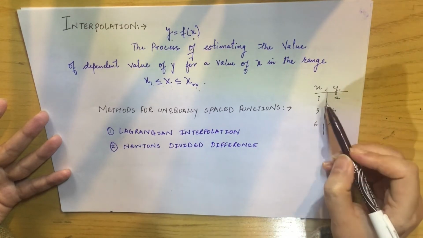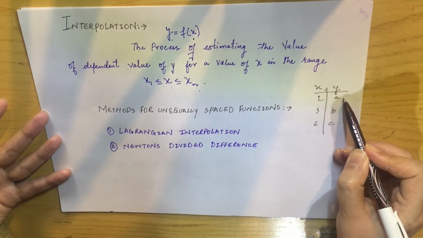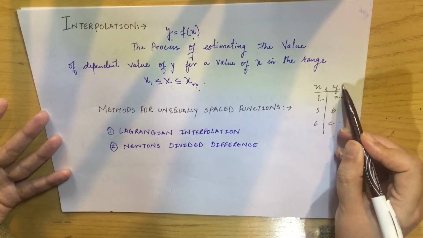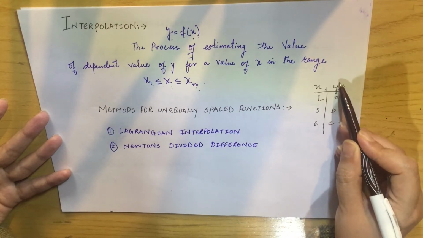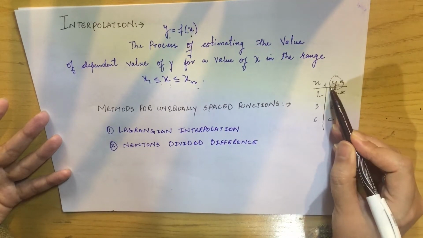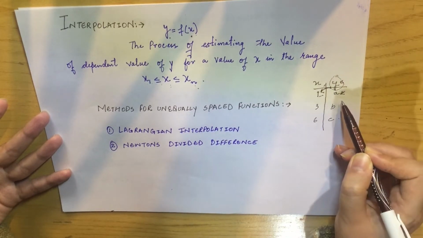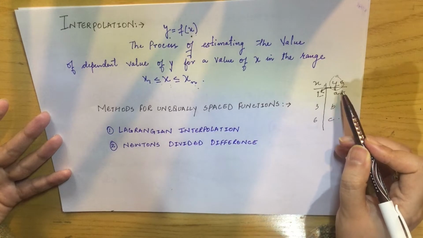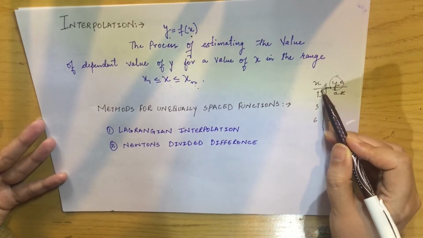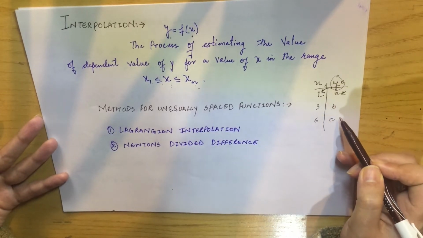That means at every point of x we have a certain value of y. So to determine this dependent value from x is known as interpolation.